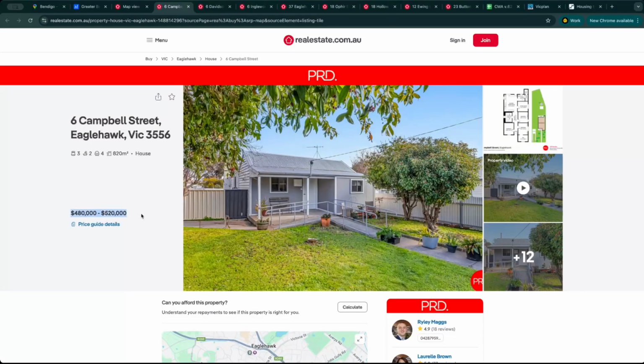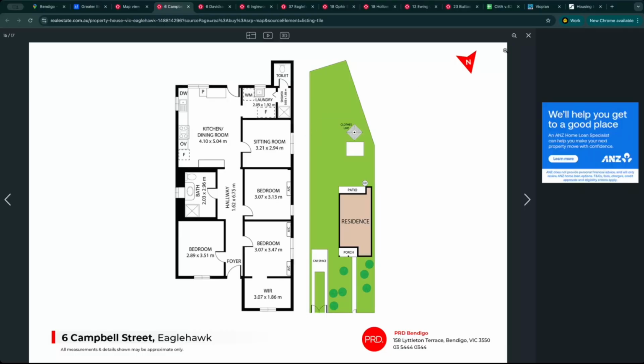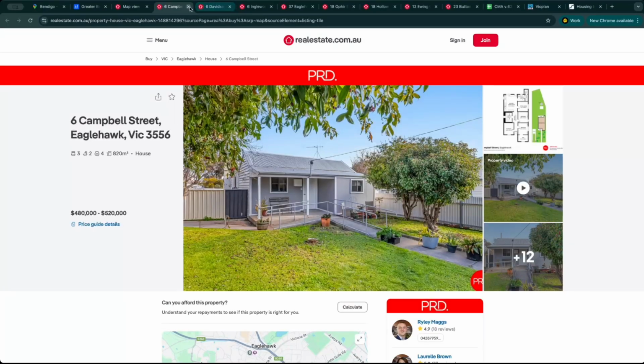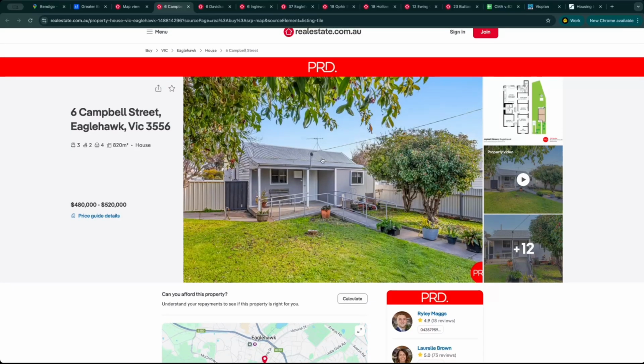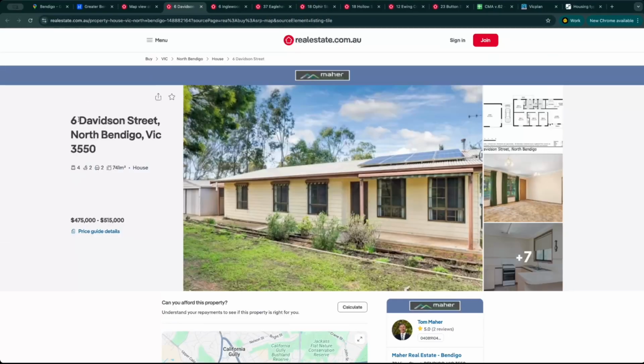Look, price is great, which is honestly, the price is fair. But I honestly probably would not consider this property at all. So I'm not even going to dig into this any further. Already, this is not looking like a property that I would be confident holding for the next 10, 15 years. And so I'm going to delete that.